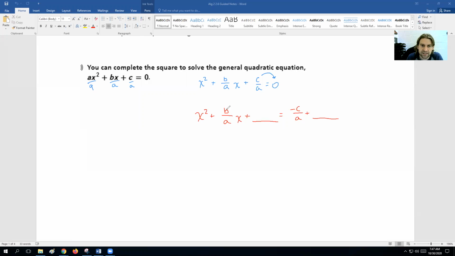Now to go with this blank, I need to take this term, cut it in half and square it. So b over a divided by 2 is b over 2a, and then I would need to square it. So this becomes b squared over 4a squared.